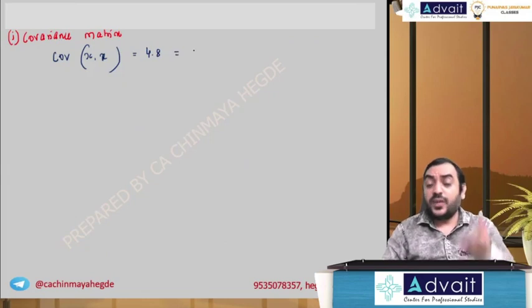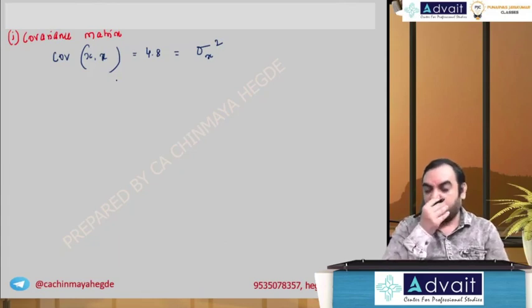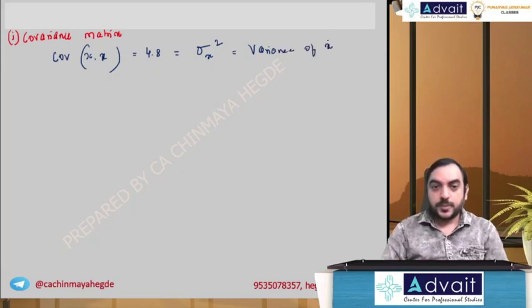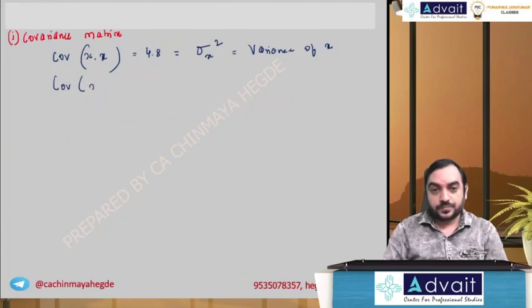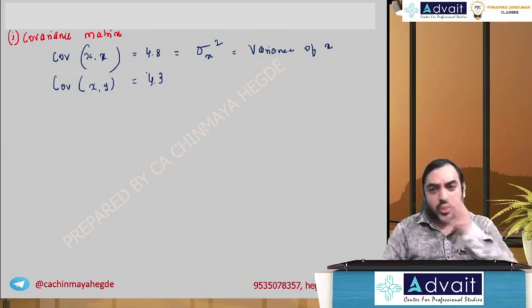And covariance between yourself is nothing but variance of X. This is variance of X. Then covariance between, what is next variable? X and Y, X comma Y. That is 4.3. Okay, that is not required anyway.